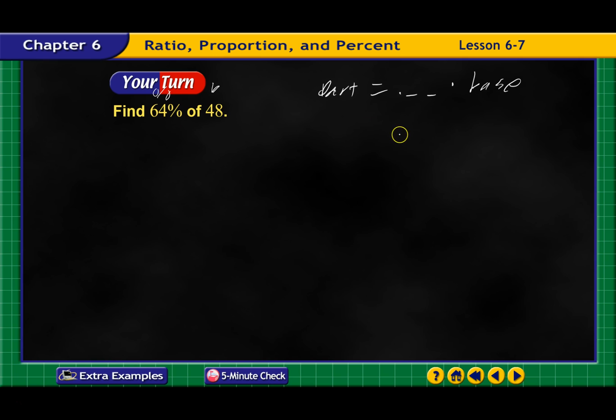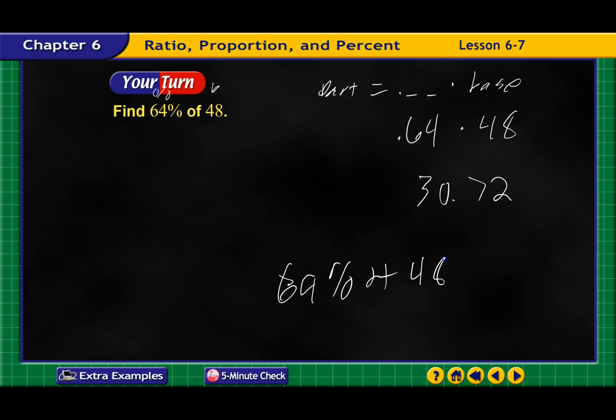So we put them in here: 0.64, as it has to be as a decimal, times 48. Put those into my calculator, gives me 30.72. So my answer would be 64% of 48 is 30.72.